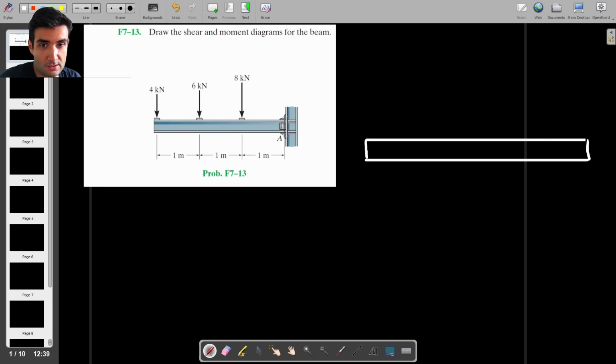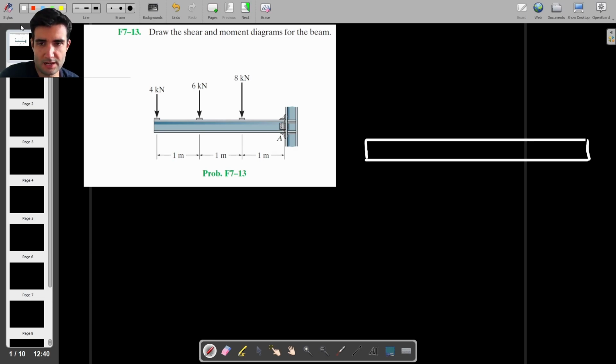You can if you want, and you will end up with two reactions, right? You'll have a reactive shear force here, and then you also have a bending moment here as well. But the reason we don't do it is because when we try to find the inner bending moment and the inner shear force, we always start from the left and we never actually reach the right hand side.